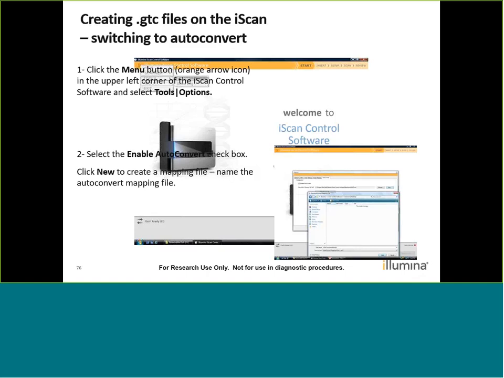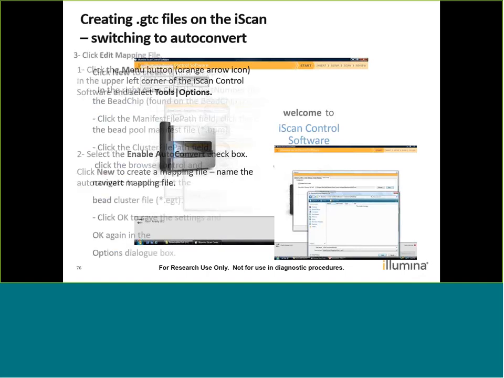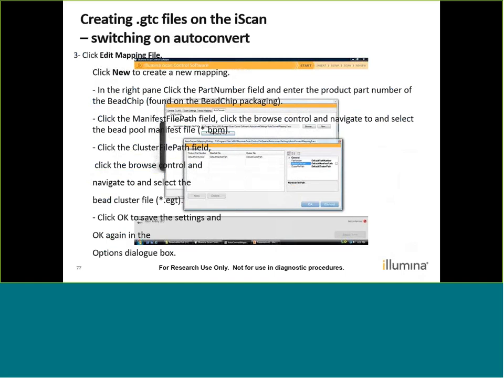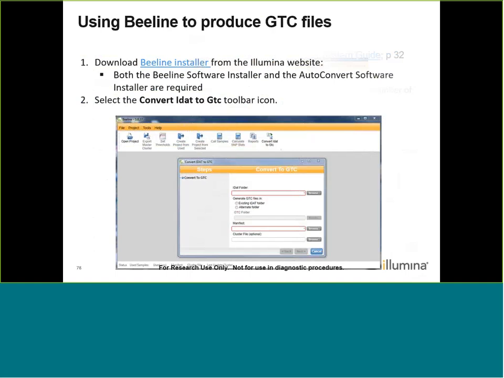Using the iScan, we can use a function called autoconvert, and this is just a brief overview of selecting that function. Here's more instructions, but in fact what I have here is a link to the iScan system guide, and all of the instructions for switching on autoconvert start on page 32.